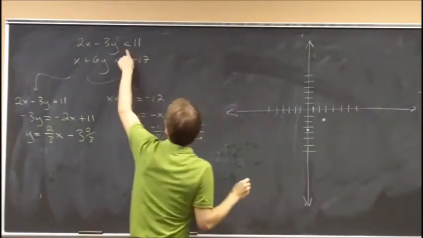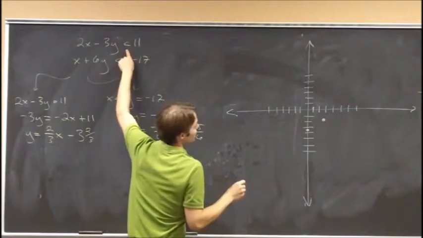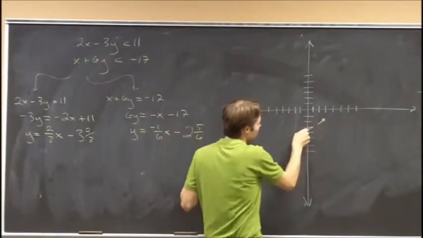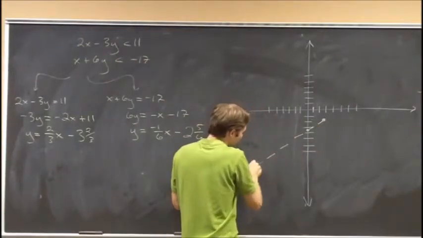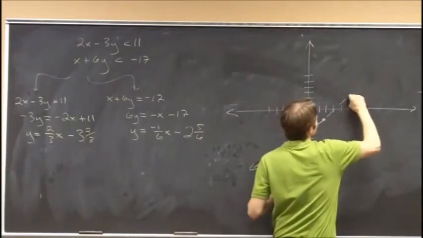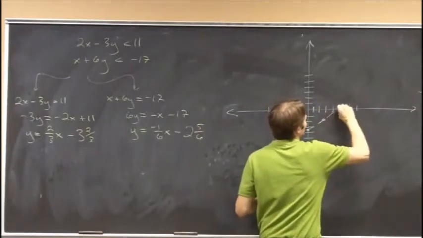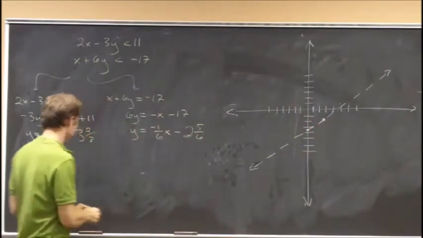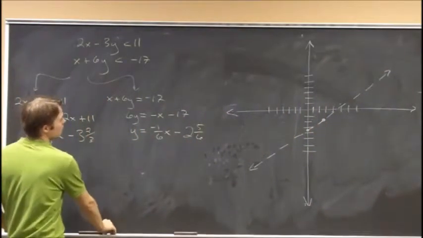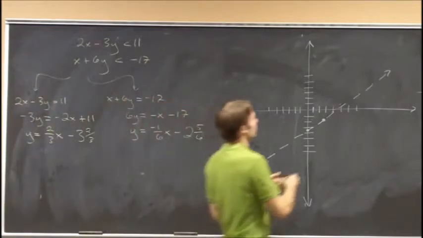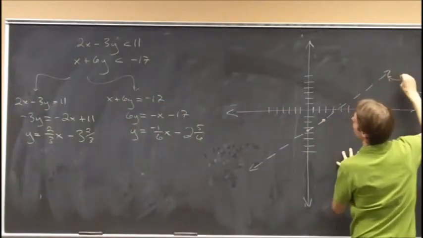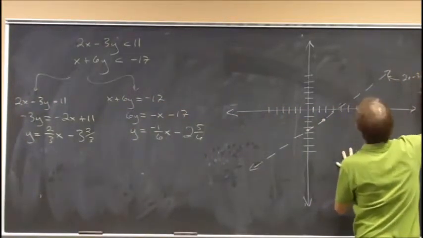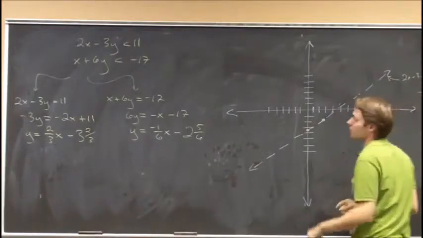Now this one is associated with the first one, it's strictly less than, so this will be a dashed line. Maybe I'll just label this real quick so I remember which one it is. So this is the 2x minus 3y is less than 11, just so I don't forget.